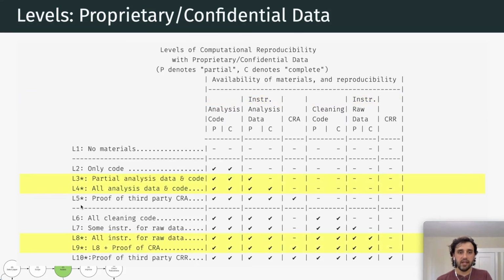And I basically assess the levels of reproducibility on the basis of availability of instructions. And in order to get computational reproducibility or CRA, they will have to prove that there's some third party, somebody not involved in the original research team, that was able to reproduce this exercise.